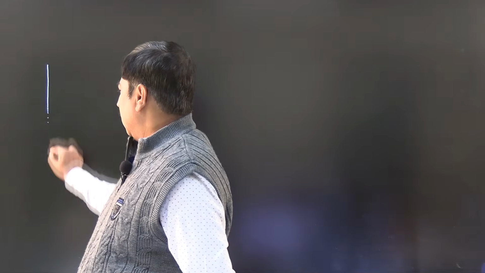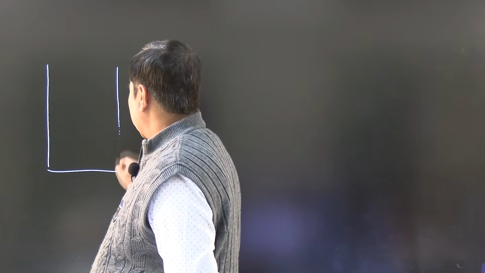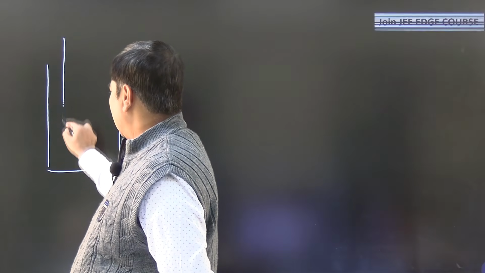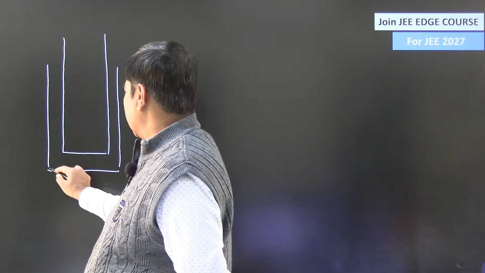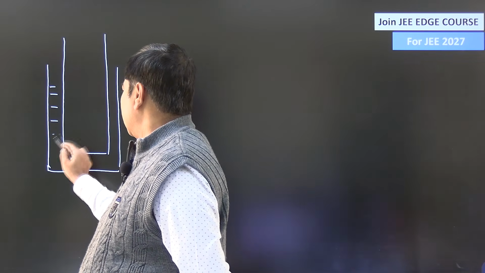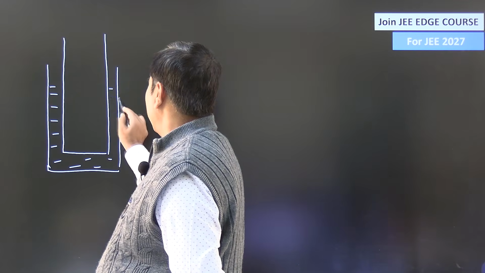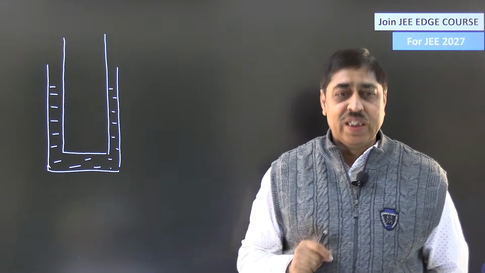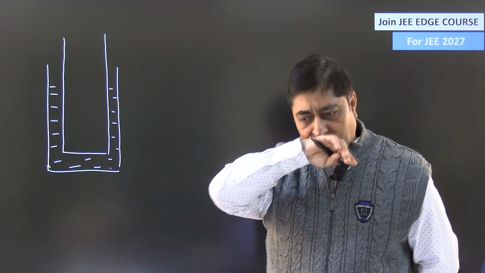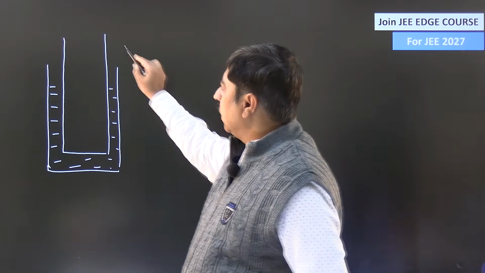Look at this situation. This big cylinder was having some water. This small cylinder is pushed inside it. Now the situation looks like this. You release it. A short while after you release it, what is the speed of this cylinder?